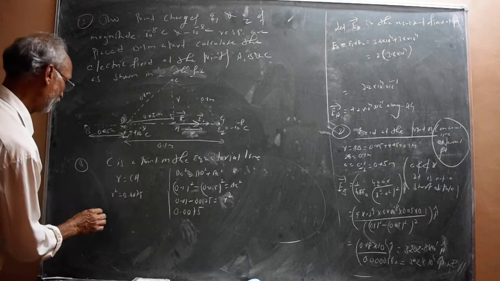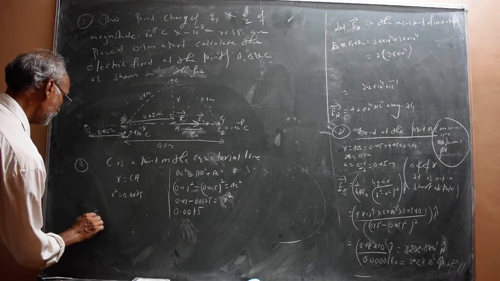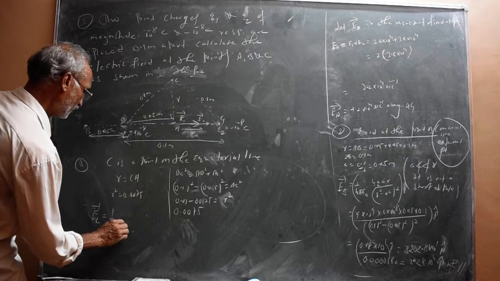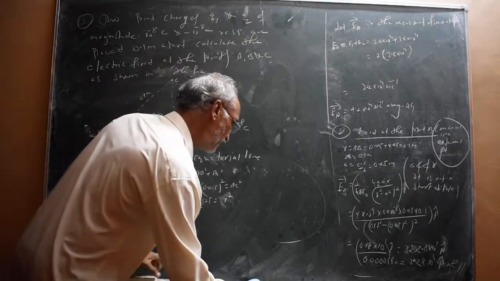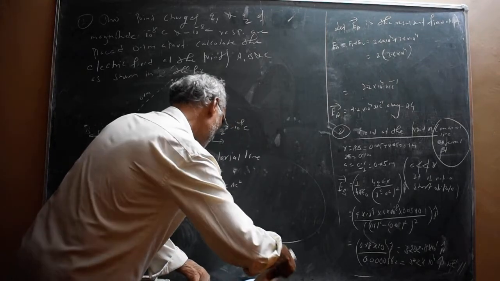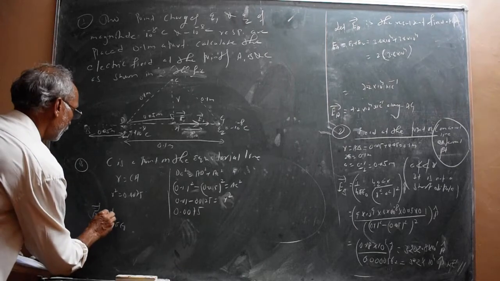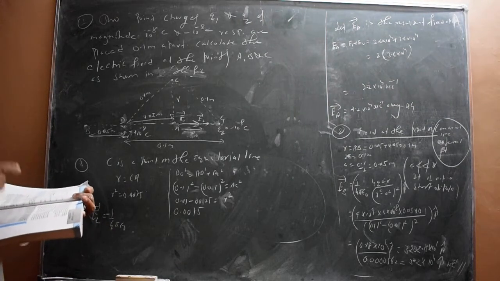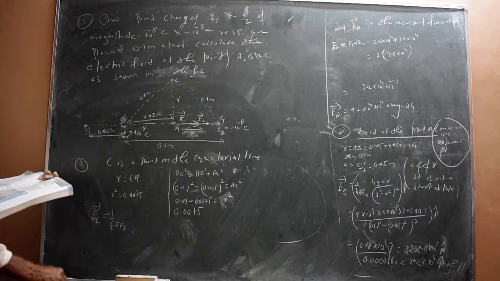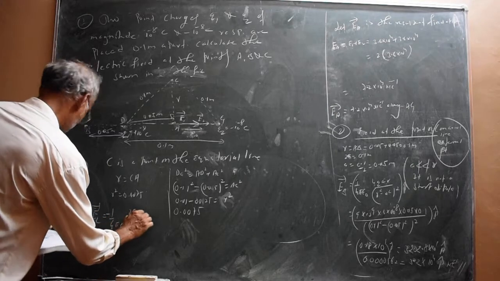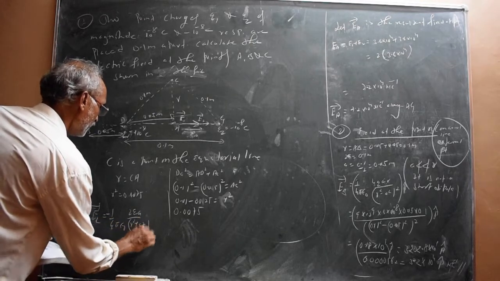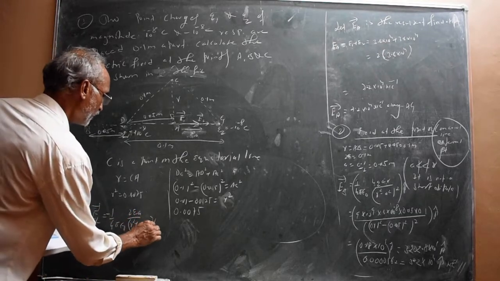See here, the point is on the equatorial line. Therefore, E_C bar is equal to 1 upon 4 pi epsilon naught, and the formula is for the dipole, not a short dipole: minus 1 upon 4 pi epsilon naught into 2QA upon (R square plus A square) raised to 3 by 2 into P cap.